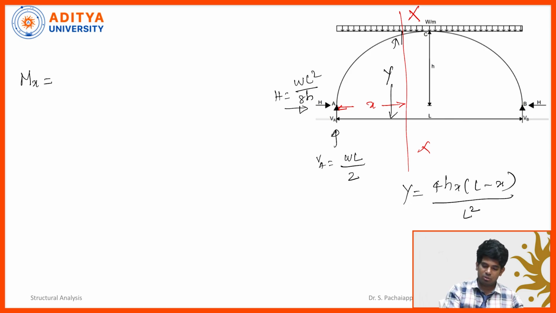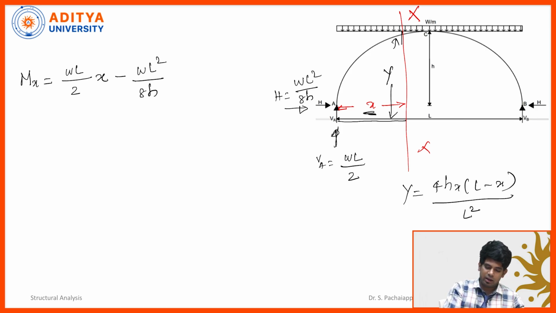Now Mx is equal to force multiplied by the perpendicular distance. So WL by 2, this force WL by 2 multiplied by x, the linear distance. And then this force, what is this force? This is minus WL square divided by 8 times h multiplied by this y.